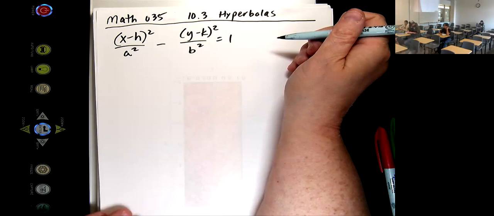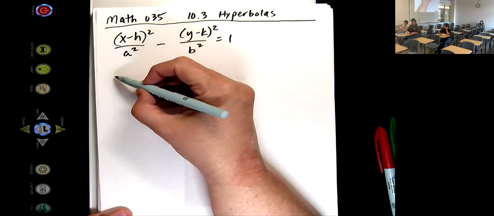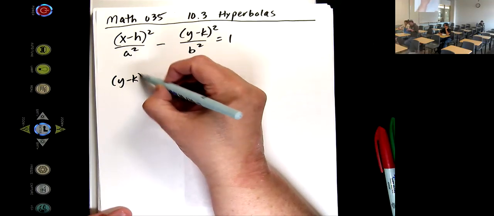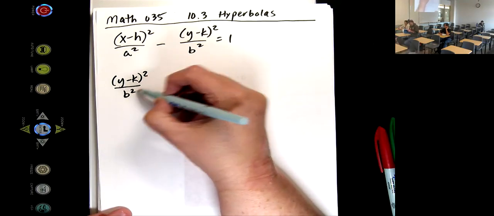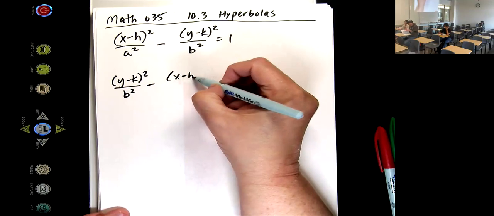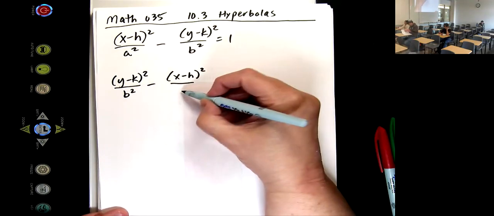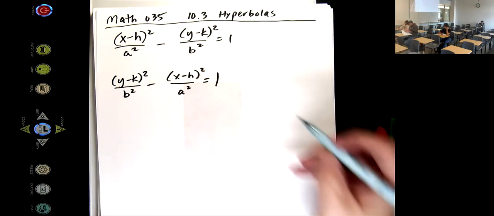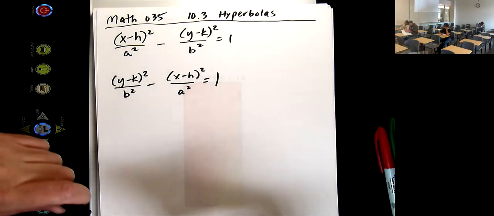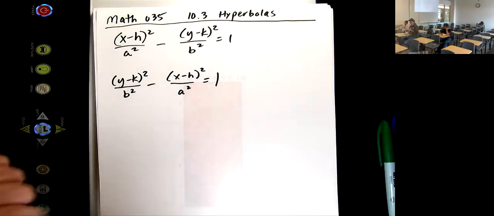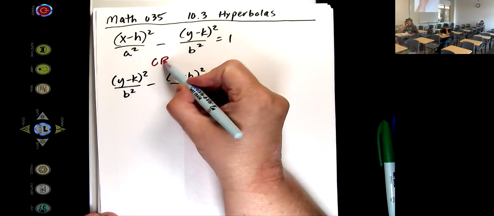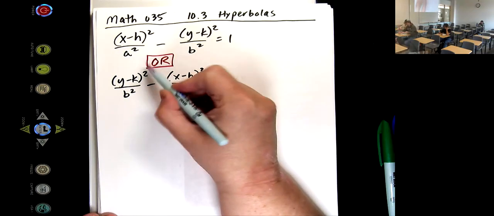There are 2 setups. The other setup is when y is the positive one and the x term is the negative one. So this is an or situation. One of these configurations is going to happen.